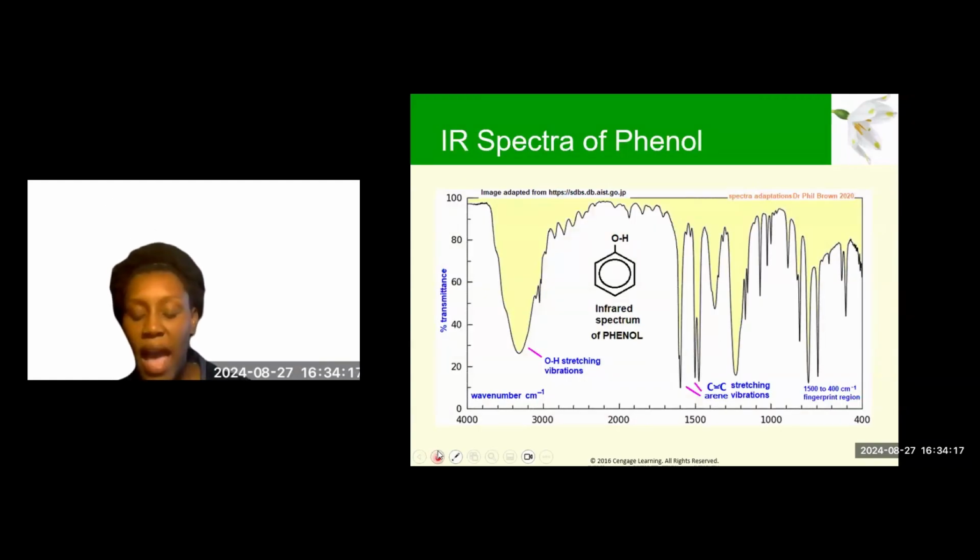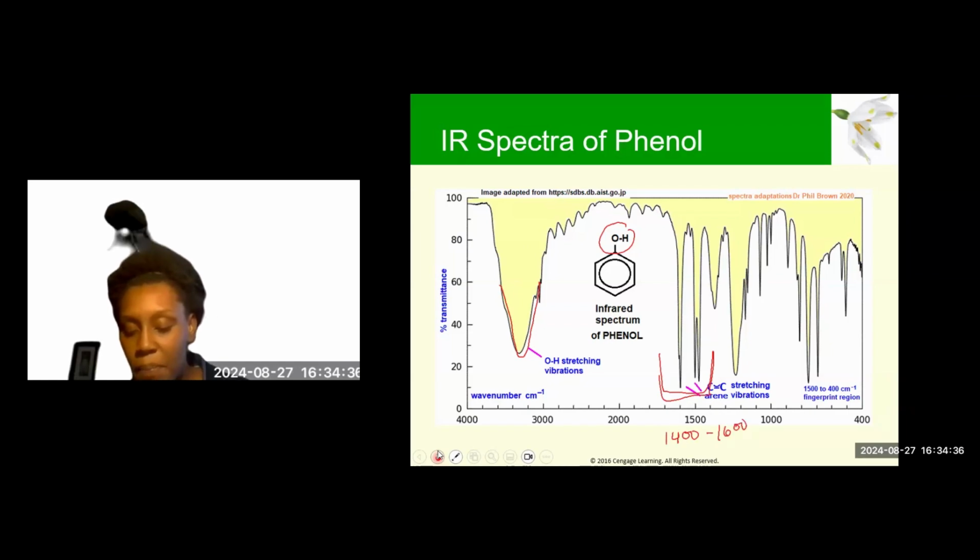All right, and so here we have an IR spectrum of actual phenol. What you're going to see is still this broad peak here for the OH group, but then you're going to see that activity between 1,400 and 1,600 that we expect, okay?